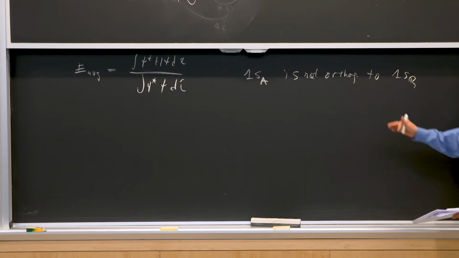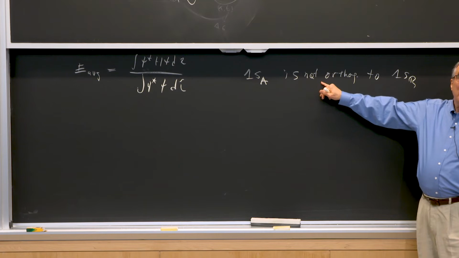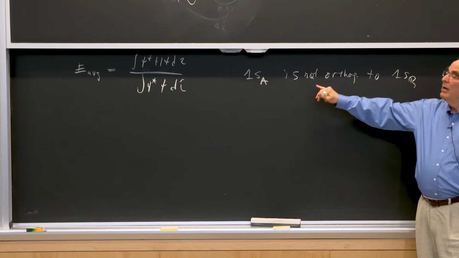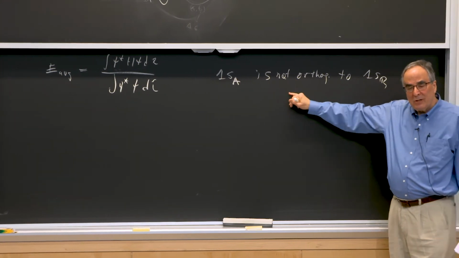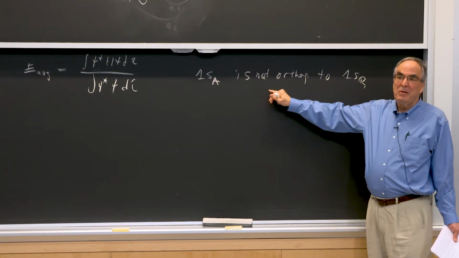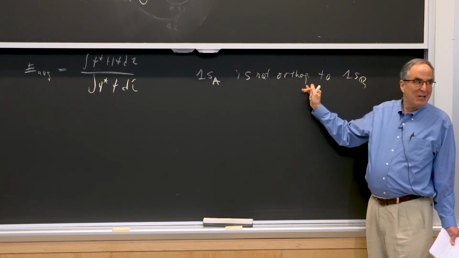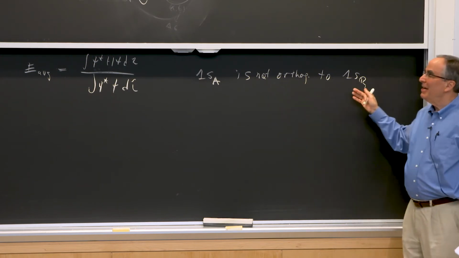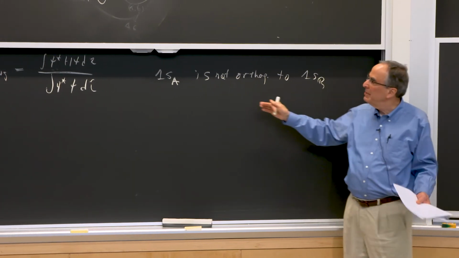And so this is something that we had been able to avoid in all of our one-dimensional problems. We could always think about an orthonormalized basis set. But the effect that we're really interested in is based on the fact that these guys aren't orthogonal. You can't just say, we're going to write an orthonormal basis set.